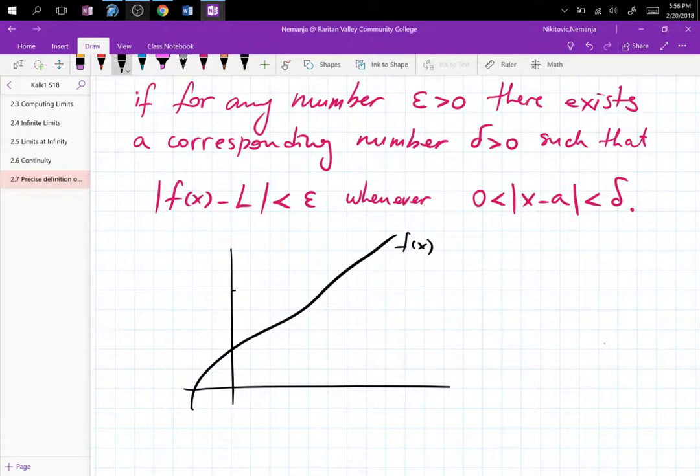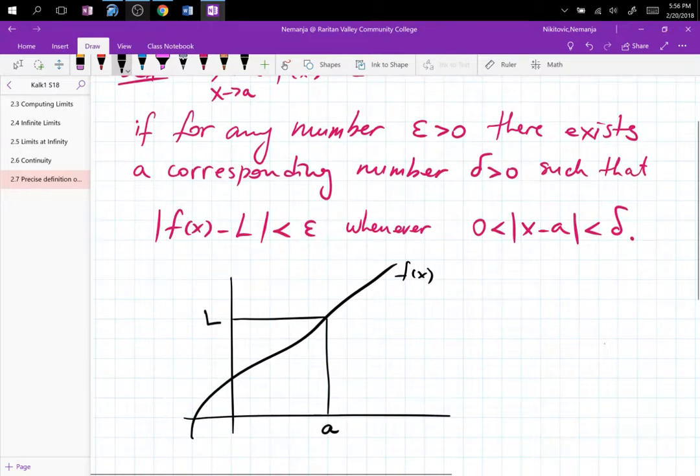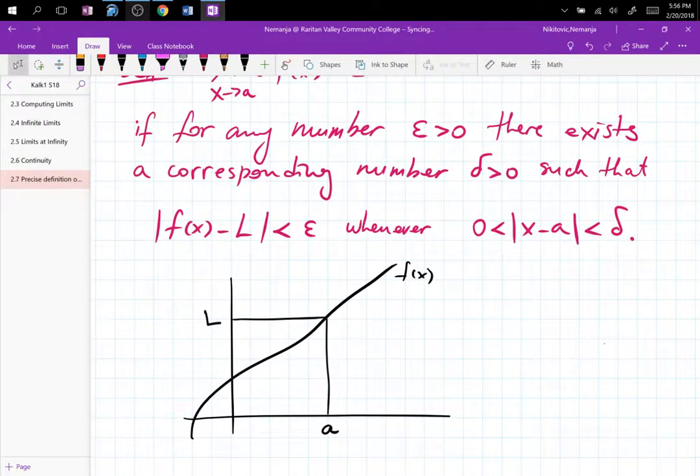And then I can pick my value a, which produces L. So as x goes to a, you are supposed to get L. Now remember what I said on the first day when we started talking limits, that pretty much the limit is computing the y value, essentially.